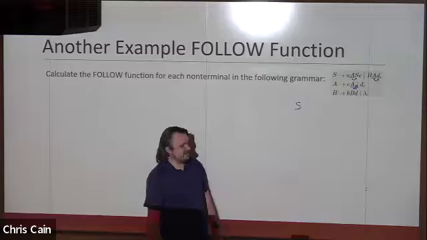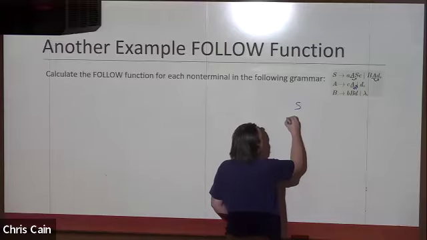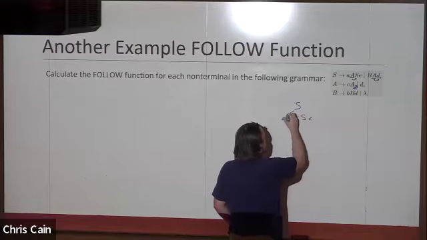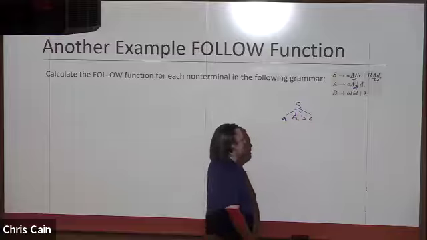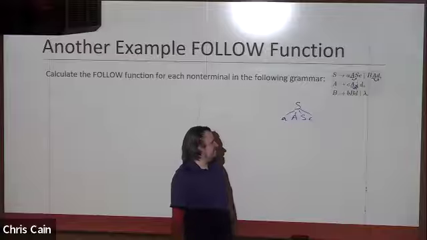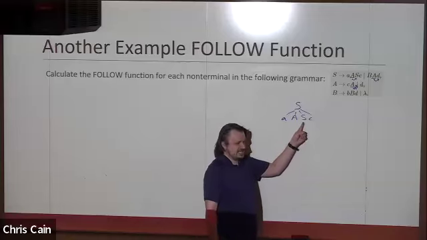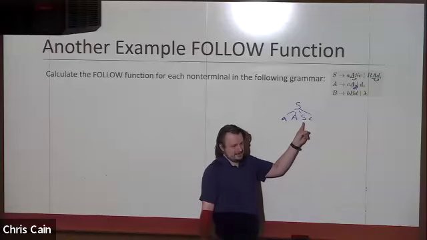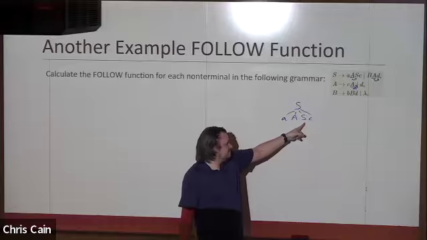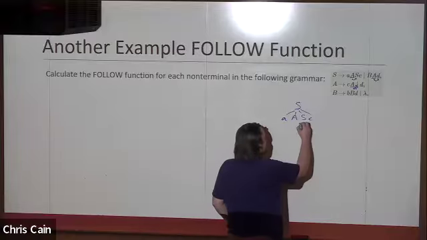We pick the left-hand side or the right-hand side of our expansion of S. So it has to be the left-hand side. So we're going to get A, S, C. All right, so what follows this A has to be an A. How do we get there? Does this S become a left-hand side or a right-hand side? Yeah, it has to be the left-hand side.